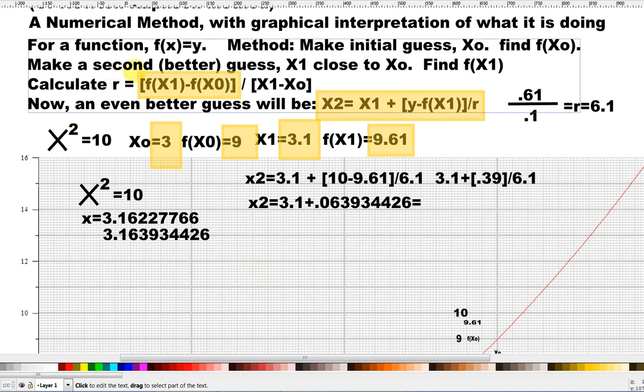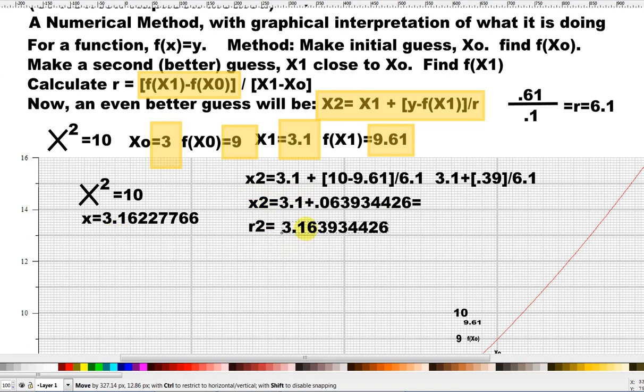We're going to calculate a new r. So here's a new r. Let's call it r2 in this case. So r2 is going to be equal to f of x1. Well, now f of x1, we're actually using this number for x1, right? So we want to figure that out.